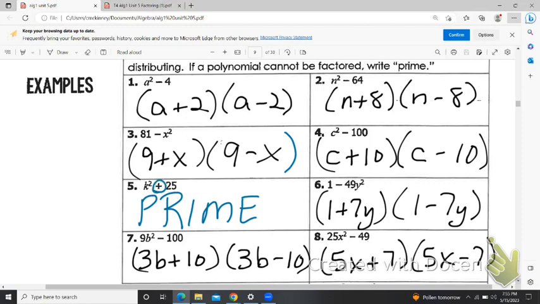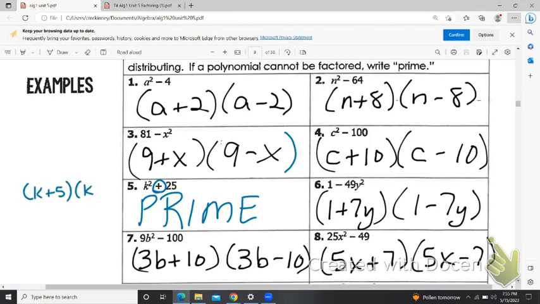So I cannot factor it as k minus 5, k plus 5. I can also not do just 2k plus 5s, because sometimes people think, oh, well, it's just this.